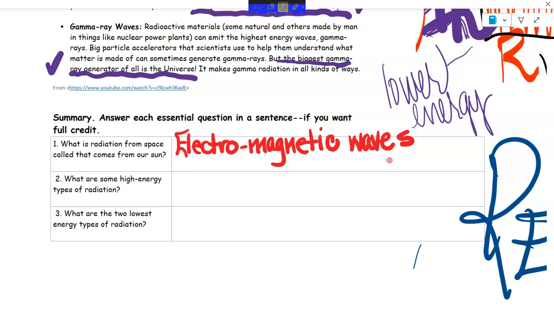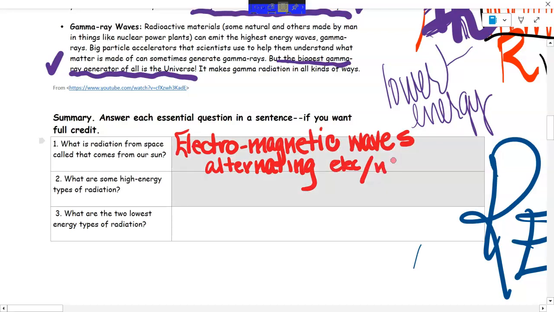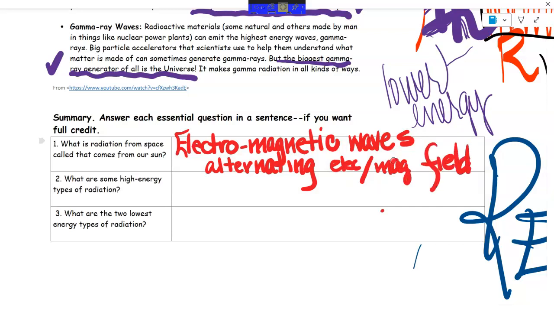Electromagnetic radiation means alternating electric and magnetic fields that are changing all the time.